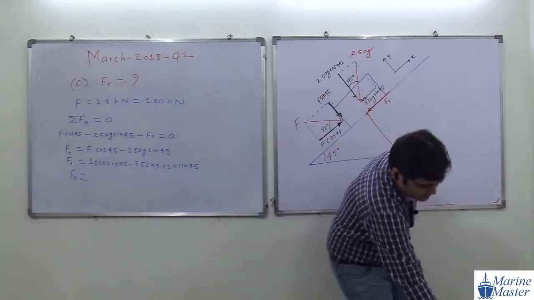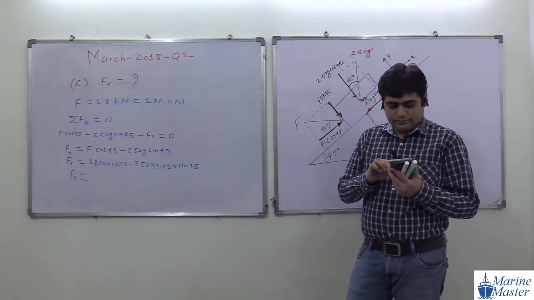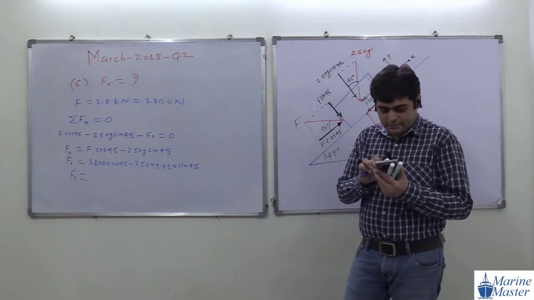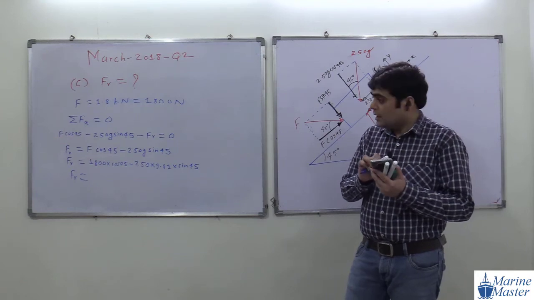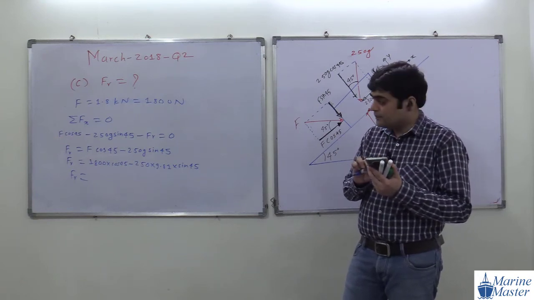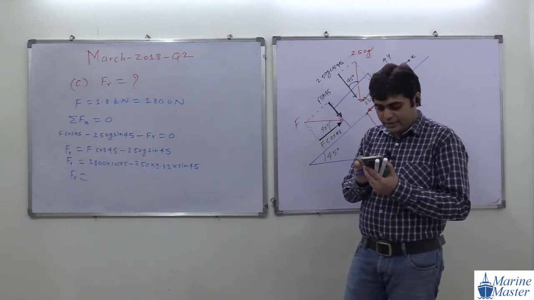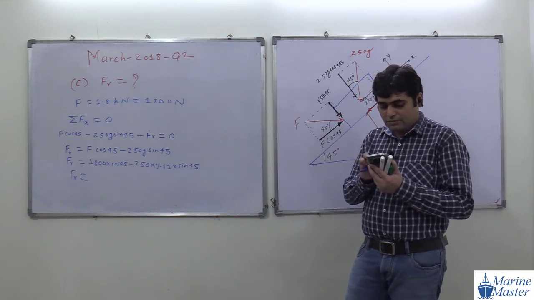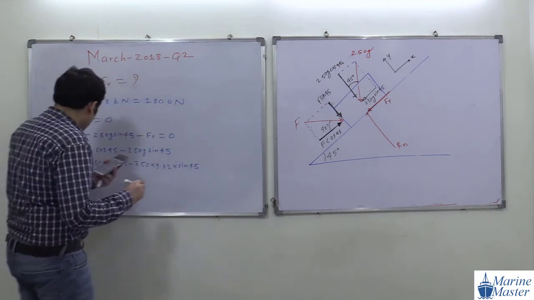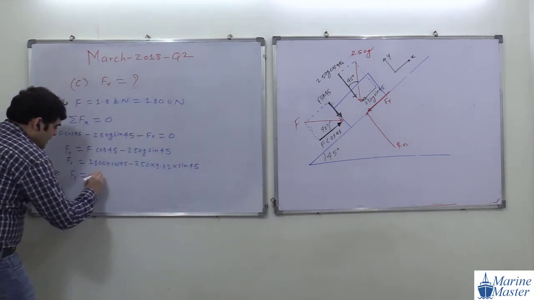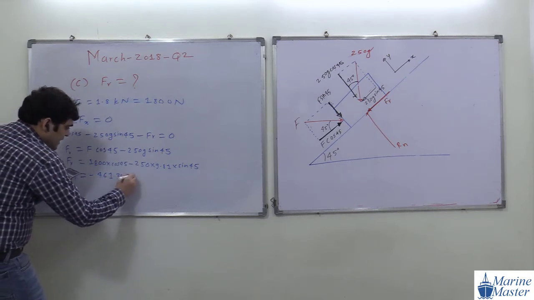So 1800 multiplied by cos 45 minus 250 multiplied by 9.81 multiplied by sine of 45. Don't worry about the minus sign, we can take 3872 Newton.